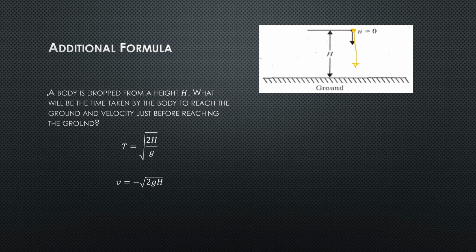What will be the time taken by the body to reach the ground? That will be the first question. And what is the velocity just before reaching the ground? Just before reaching the ground, that means before the object or particle comes to rest, that becomes our final velocity.